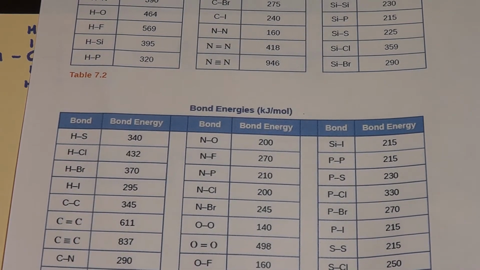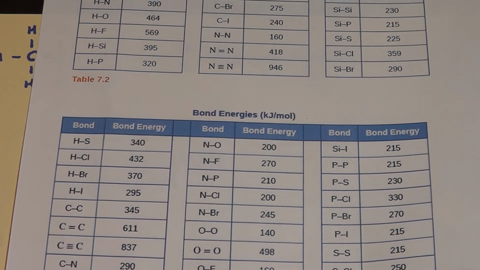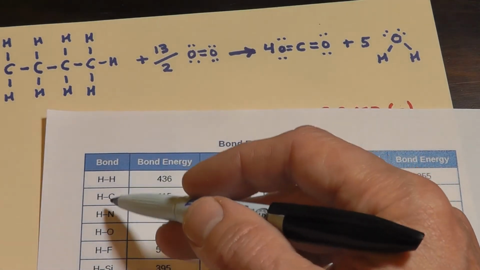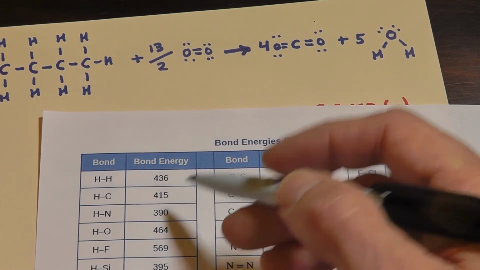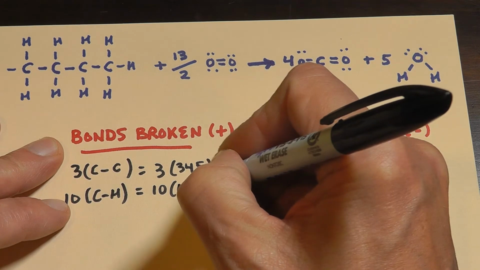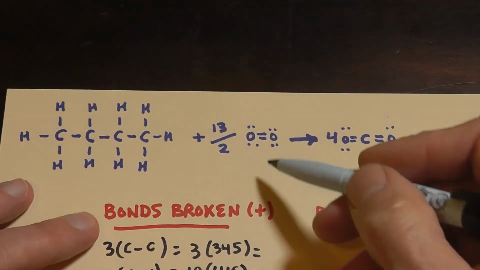I guarantee you I'm looking right at it. Oh, it's up here on the top. I was looking down by carbon. These all start with hydrogen. So that would be 10 times 415. Cool, cool, cool. 415.